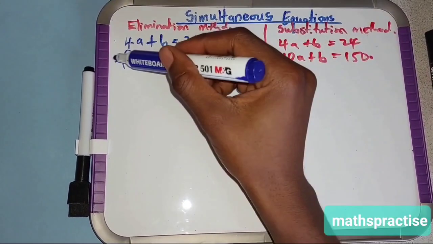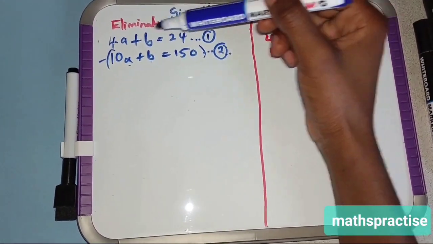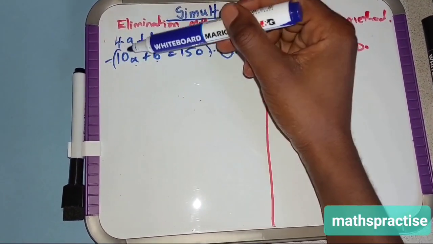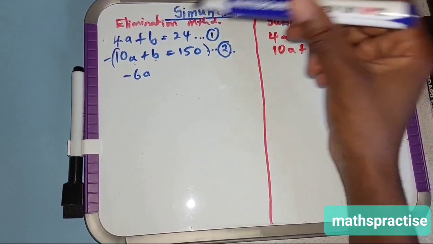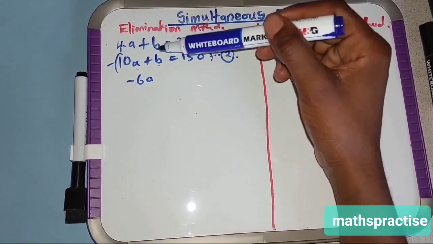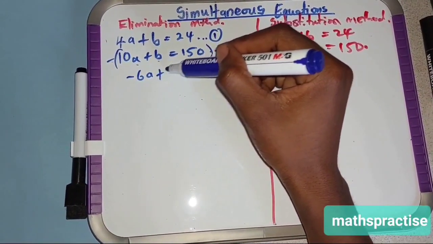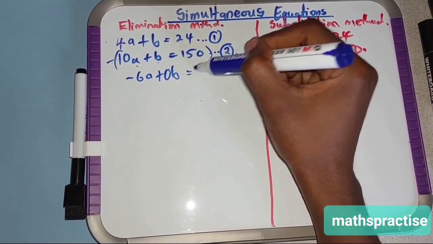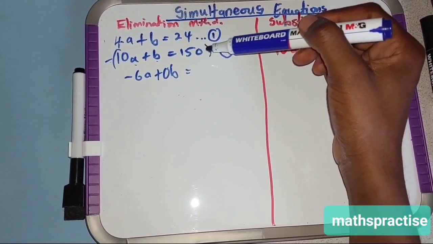So this is what I mean. We are going to subtract equation 2 from equation 1. We end up with 4a minus 10a, that's minus 6a, and b minus b, that's 0, so plus 0b, which equals 24 minus 150.